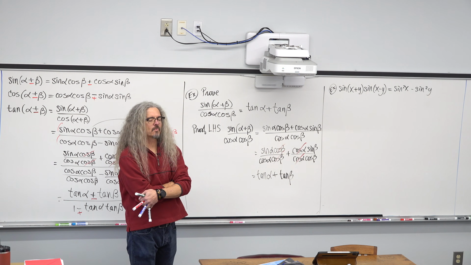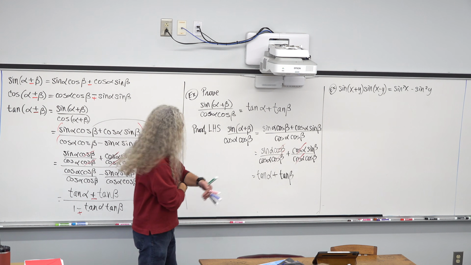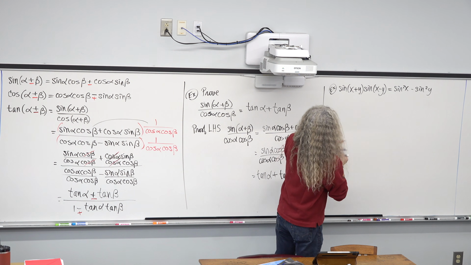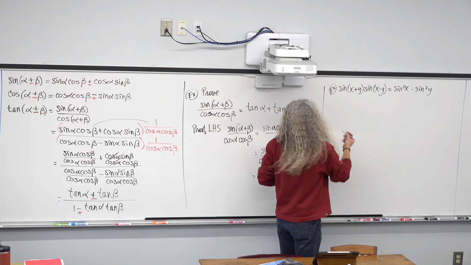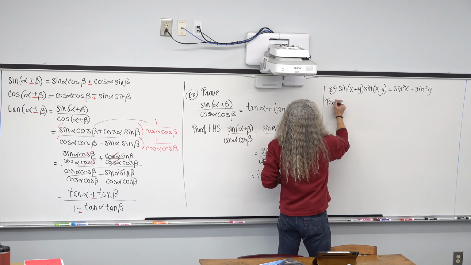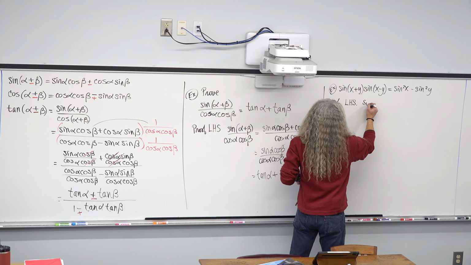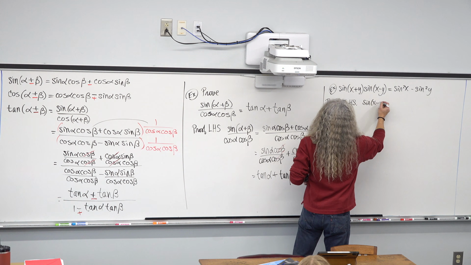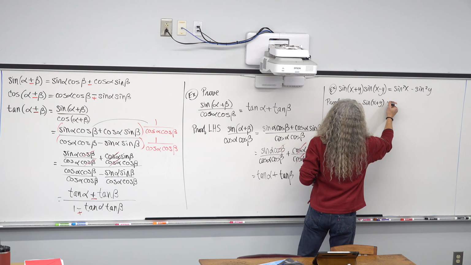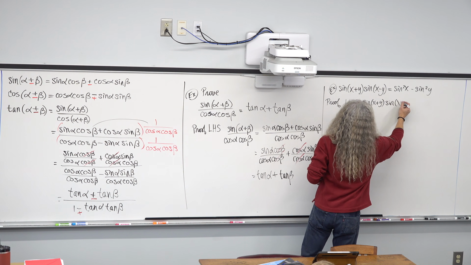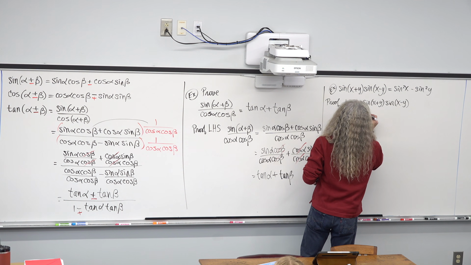You want to start with the left or the right-hand side? The left-hand side. Okay, I like that idea. So you are going to have to help me with the next line. So our proof, starting with the left-hand side, is going to be the sine of x plus y times the sine of x minus y.